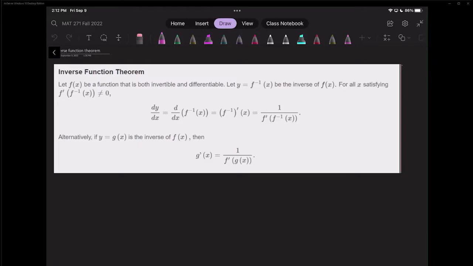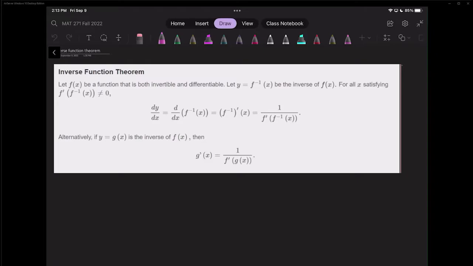For all x satisfying f prime of f inverse of x is not 0, then dy dx is equal to the derivative of f inverse of x, or f inverse prime of x. These are just two interchangeable notations that we see in the middle. And this is 1 over f prime of f inverse of x.